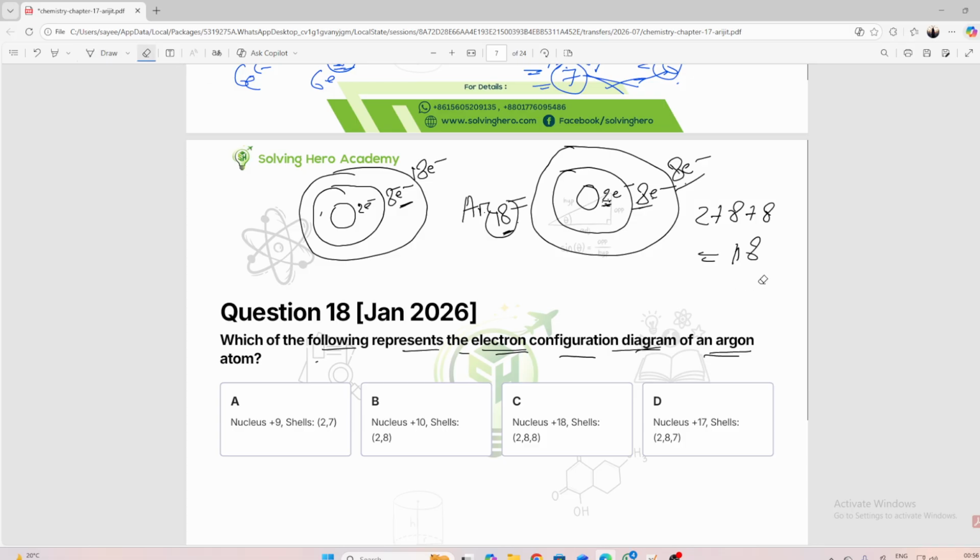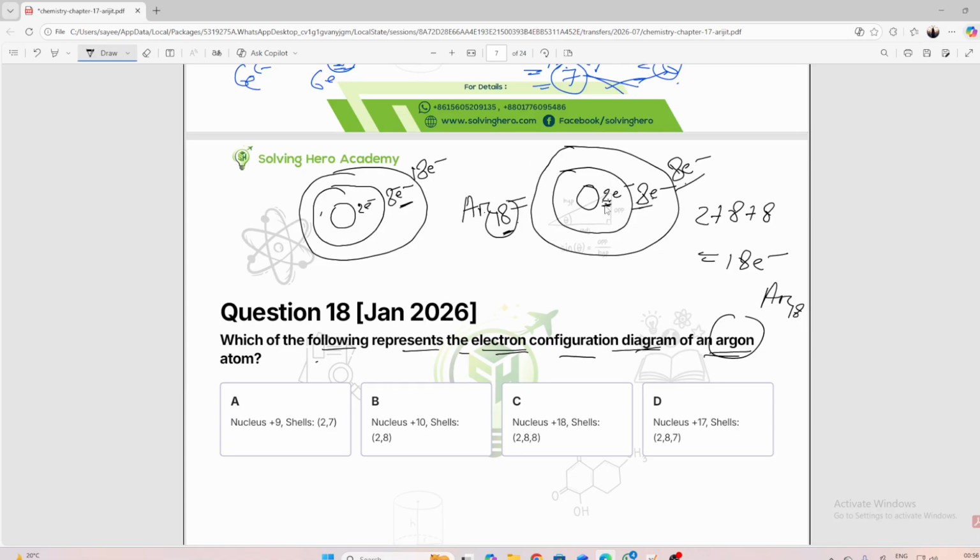Sorry, so it has 18 electrons. Am I clear? So the electron configuration diagram is 2, 8, 8.